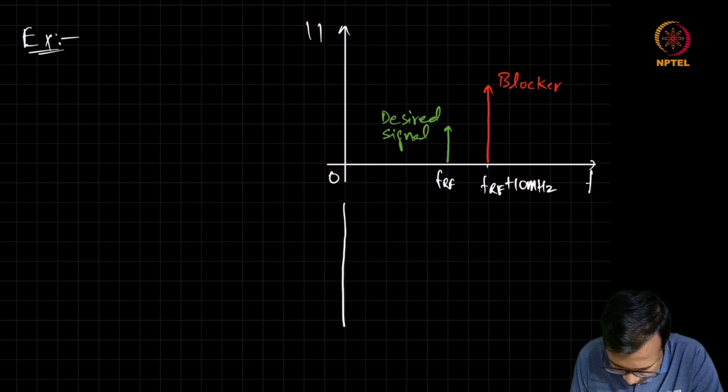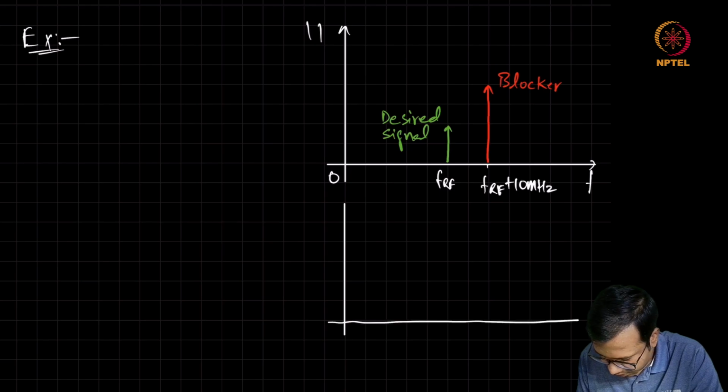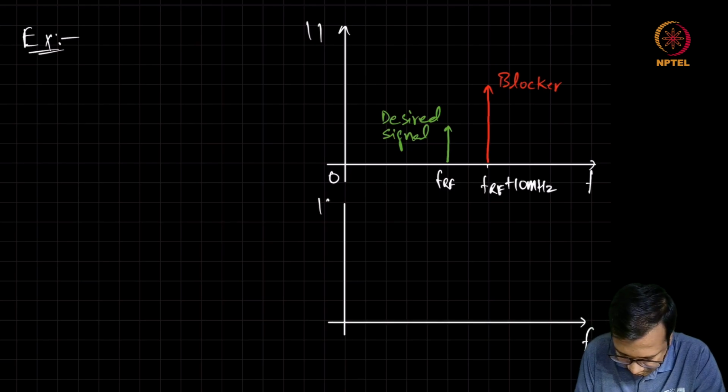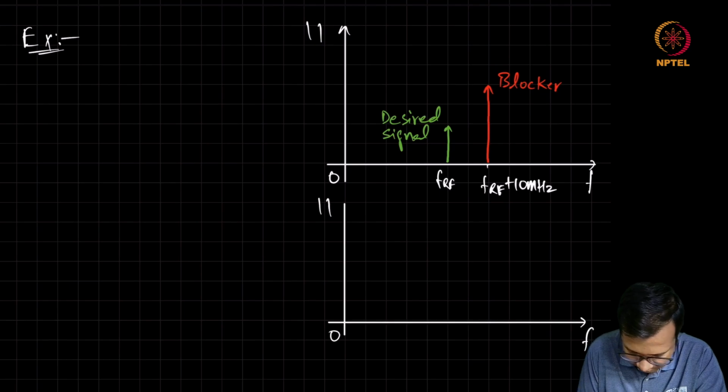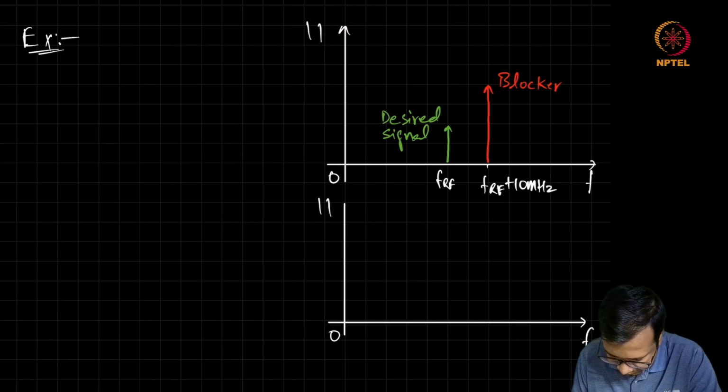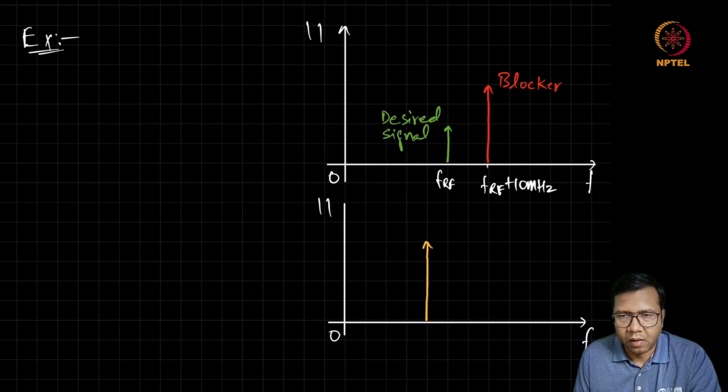And we want to down convert this signal with the help of an LO. Let's say this LO is at FIF lower than the FRF.